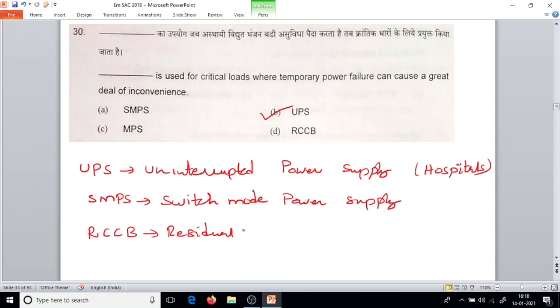Residual current circuit breaker. This works like this: if current is flowing through a human body, it disconnects the circuit. That's what a residual circuit breaker does. I think that is the full form, please confirm it once.